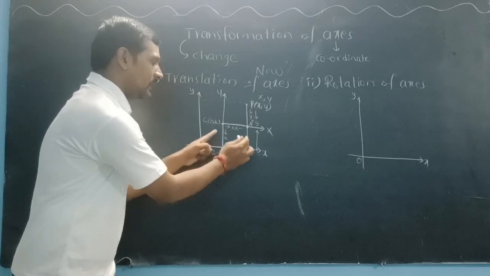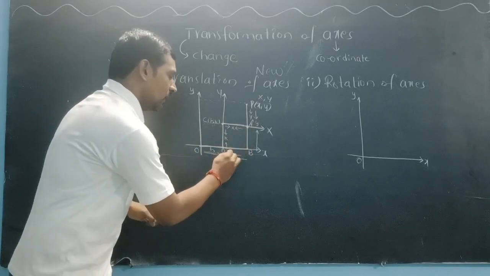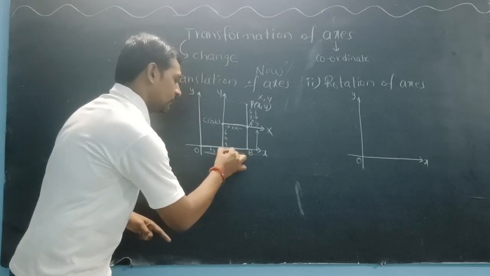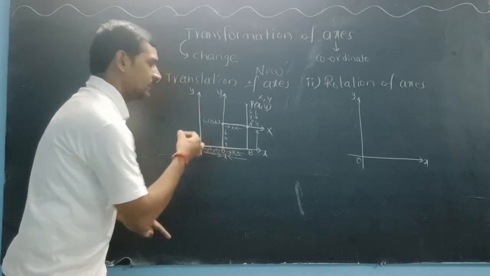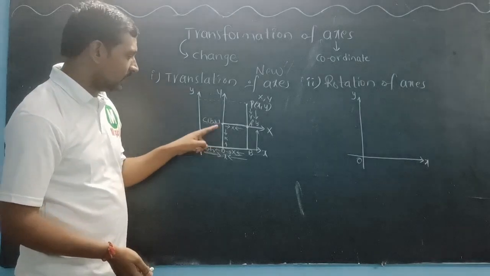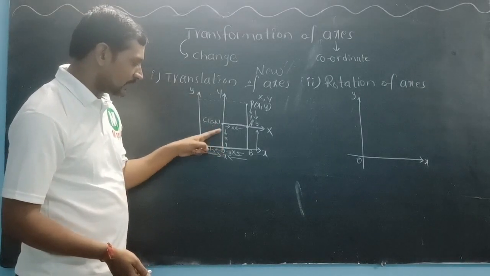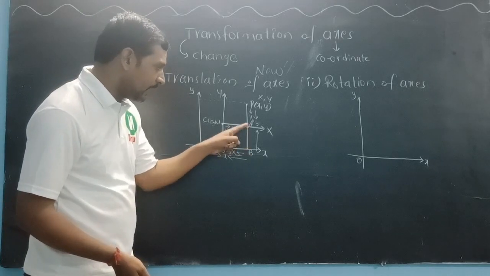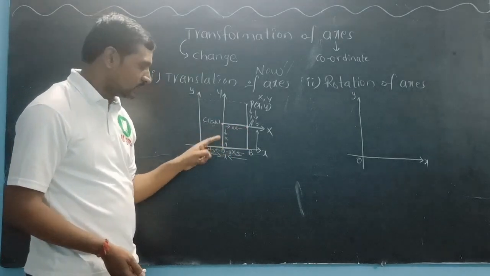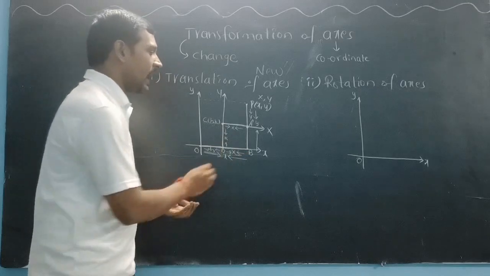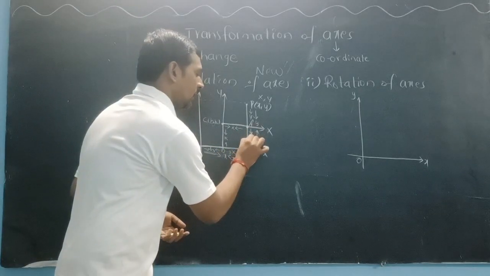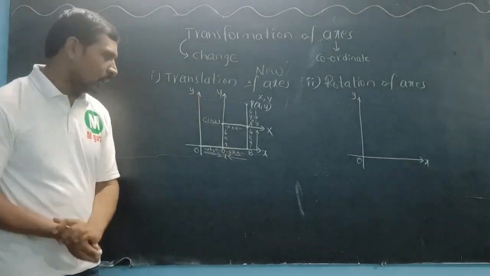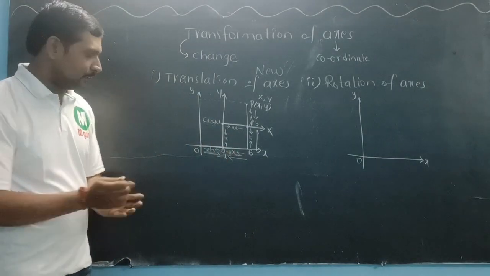X. DB is parallel to CA, so this also becomes X. And once again, observe here, the CD value is k. AB is parallel to CD, so AB also becomes k.